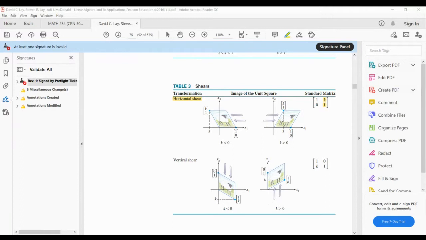Good. Okay, for this table 3, if we look at the horizontal shear at the top here, you see there the horizontal shear? What does the unit vector 1, 0 get mapped to? When the sheep moves to the left or moves to the right, does that bottom right hand corner for the sheep change?